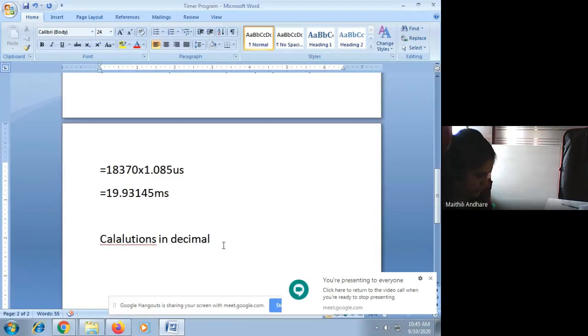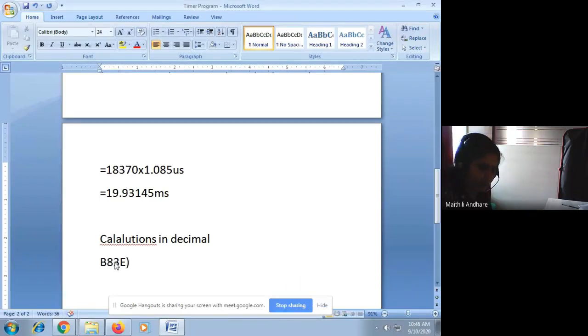So what is the formula? First of all, in the hexadecimal calculation we have the value B83E, isn't it? First you have to calculate its corresponding decimal, because we have to subtract this value in decimal.